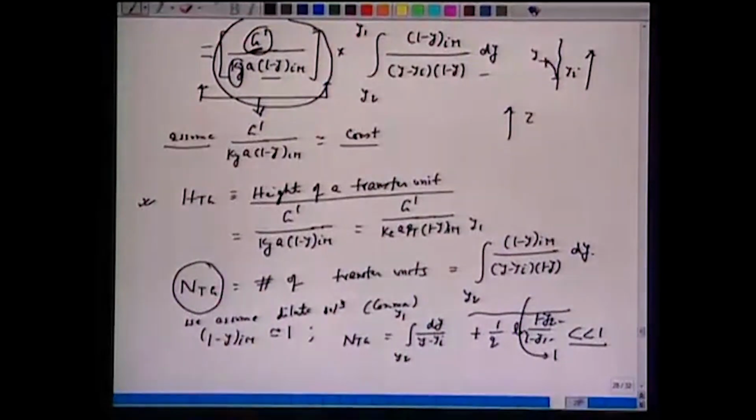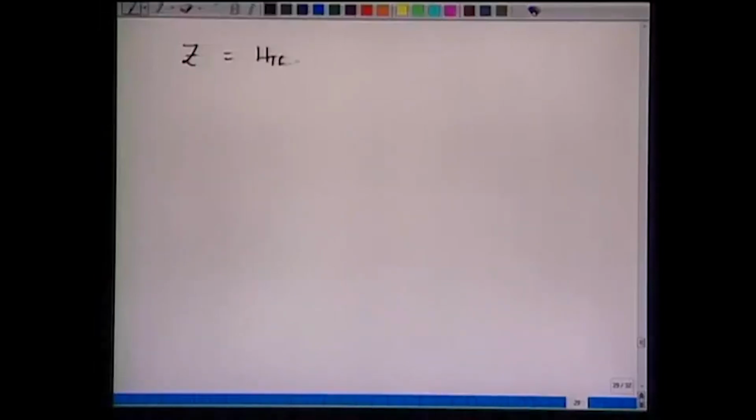So, now we have very simple expressions for the height of a column: z equals HTG multiplied by NTG, the height of a transfer unit based on the gas phase, and the number of transfer units based on the gas phase.